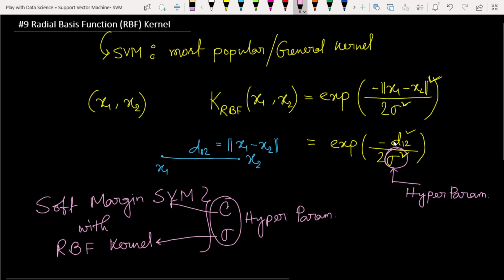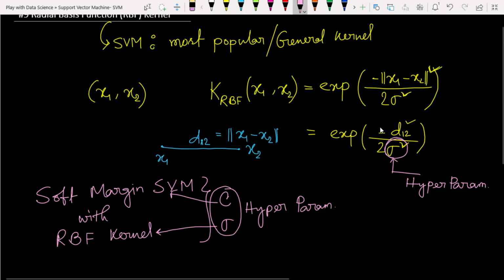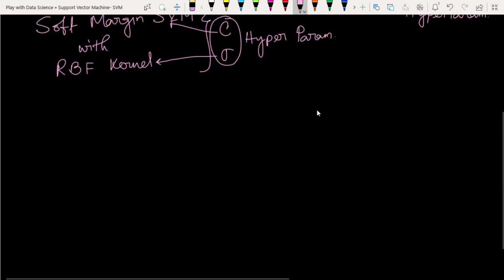Now let's analyze this function. What is the geometrical interpretation of this function? Let's discuss it one by one.